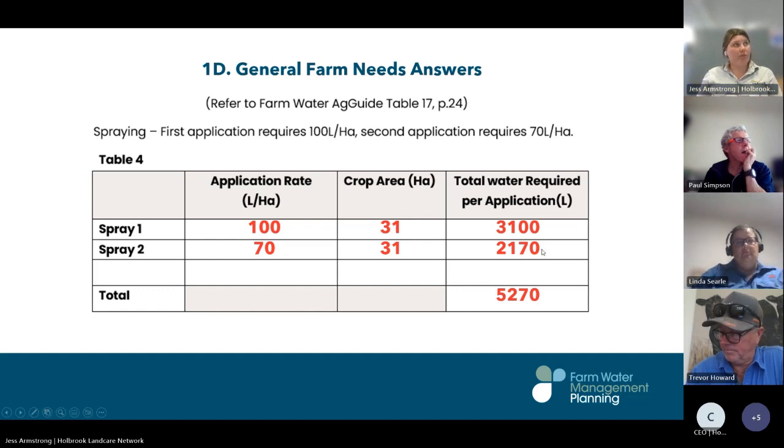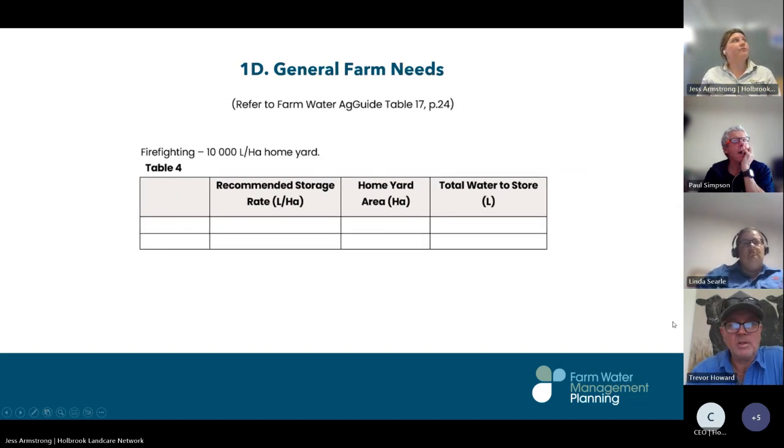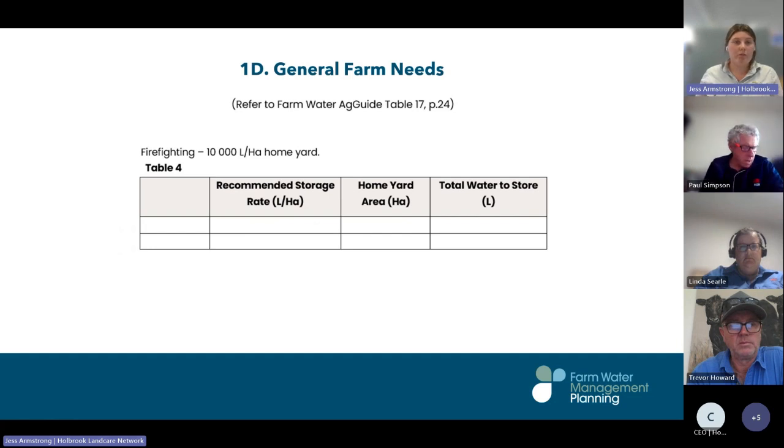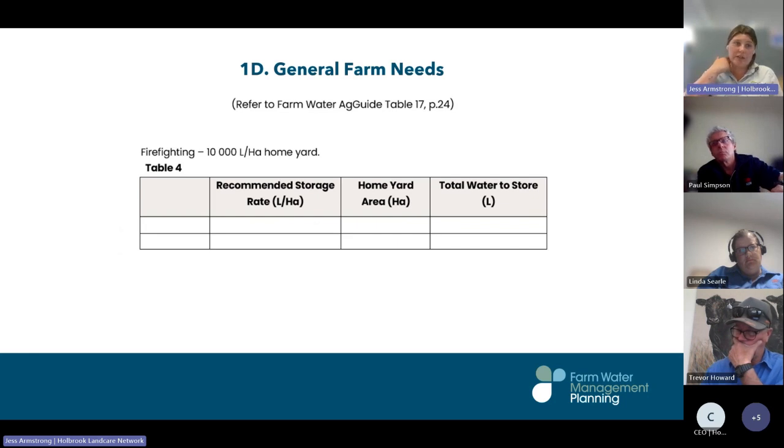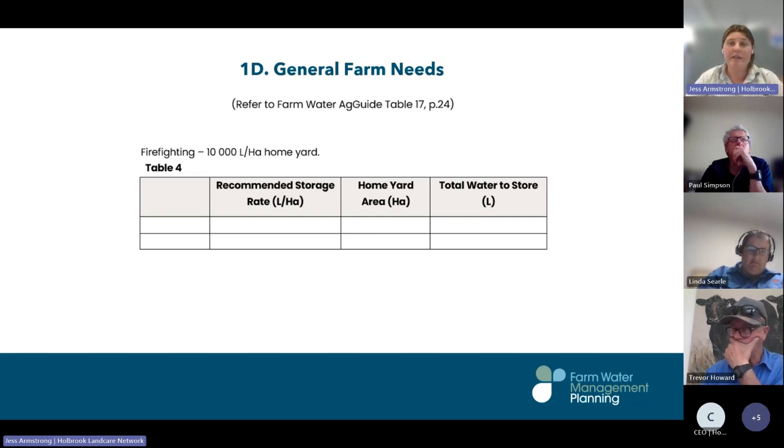Depending on where you are and depending on your summer management process, you might like to have a firefighting reserve. I know up around Holbrook and up along the slopes as well, bush firefighting is pretty important in the summertime season because we've had pretty bad experiences in the last few years.